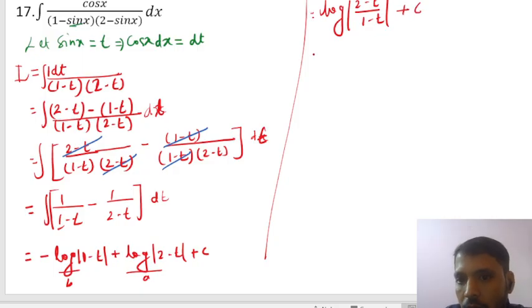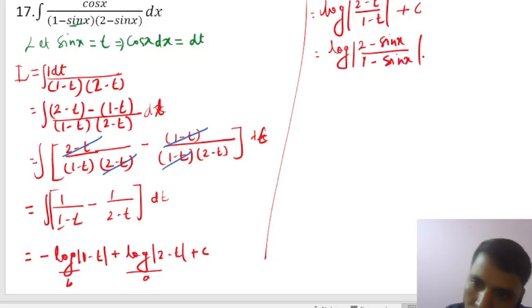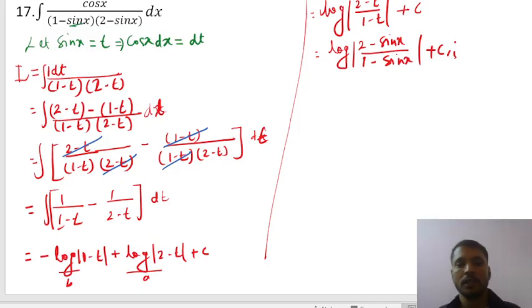Finally we can replace t with sin x, so it will become log mod of (2 minus sin x) divided by (1 minus sin x), plus c. So this is the answer of question number 17.